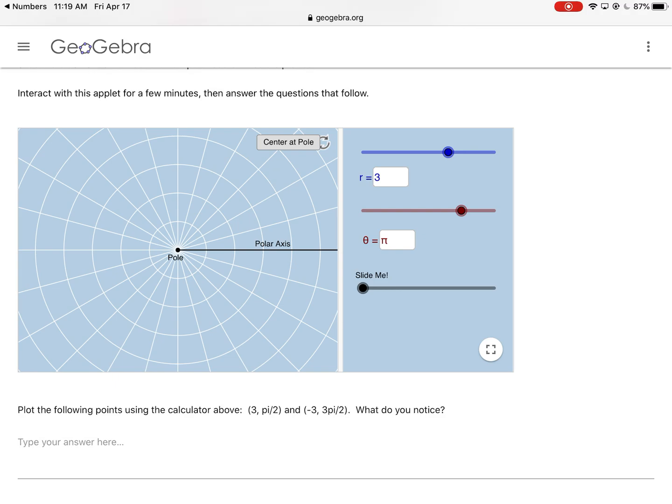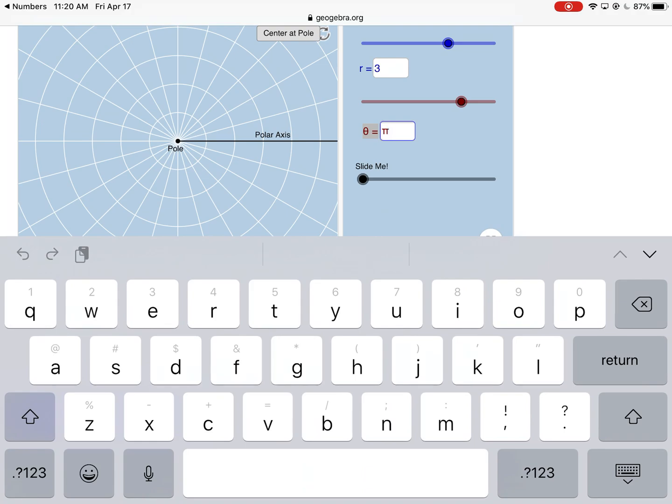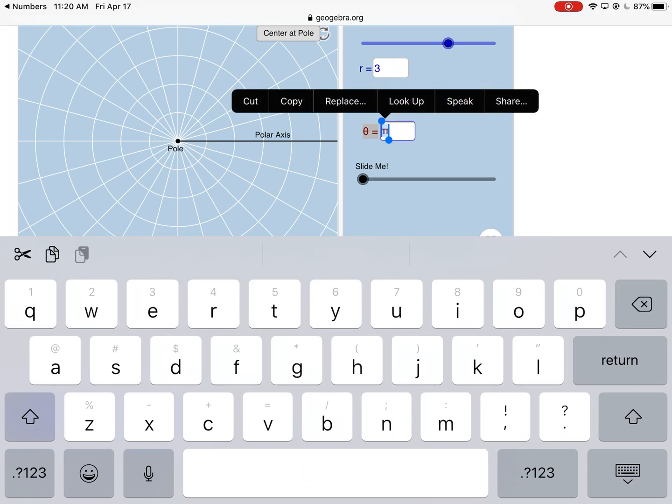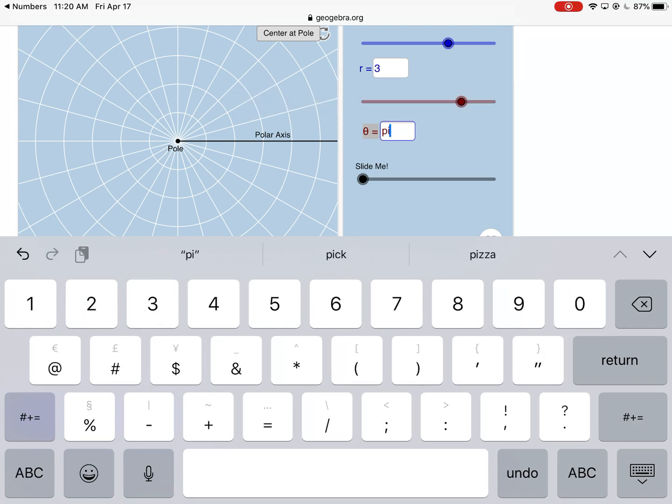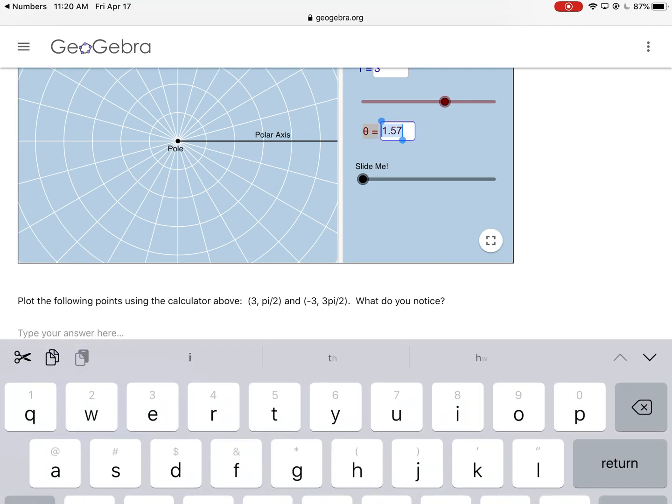So the first question says to plot the points (3, pi over 2) and then (-3, 3 pi over 2), and see what we notice, okay? So we already have r to be 3, so we'll do the pi over 2 first. You can just type the word pi and then divided by 2, hit return.